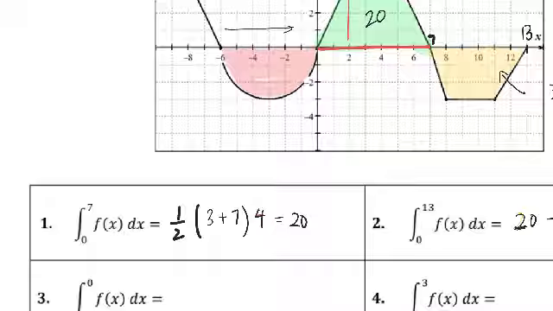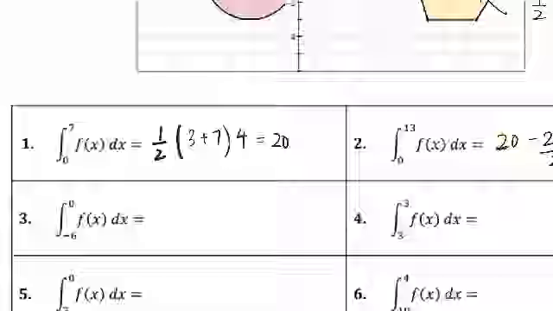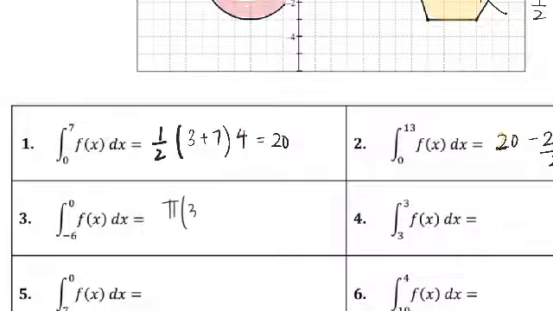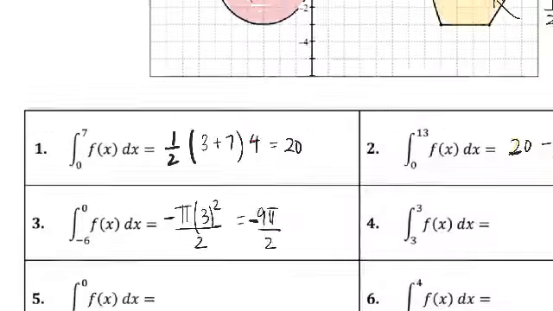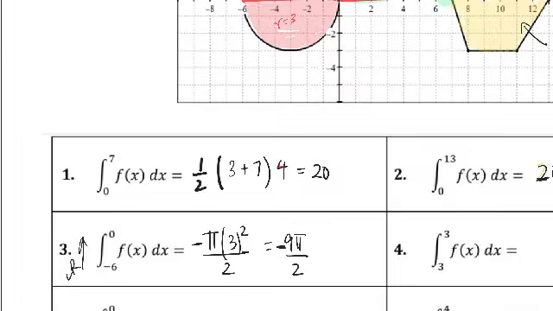So the diameter right here is 6, which means the radius is equal to 3, and I can do pi r squared, but I have to divide by 2 because it's just half of the circle, and I better have a negative sign on there because I'm going from left to right, but I'm under the x-axis. The graph is under the x-axis.